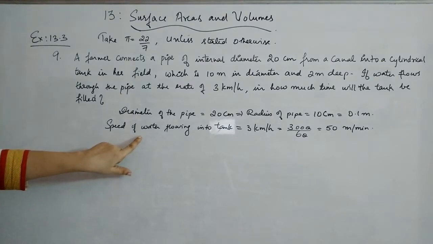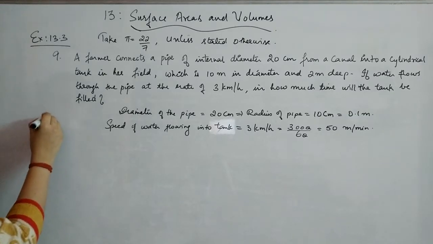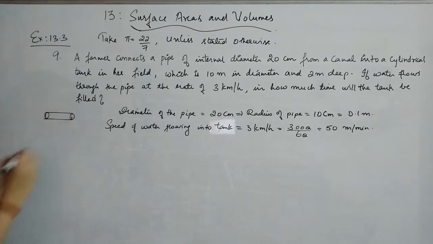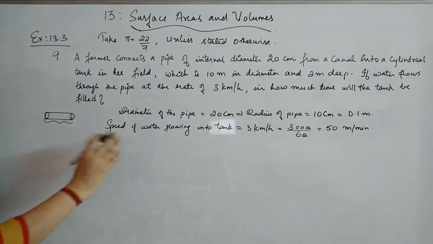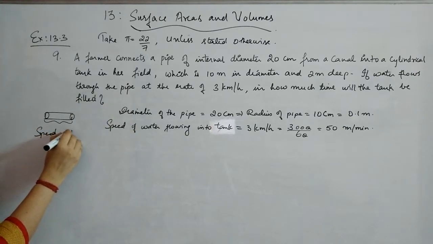That means, in terms of distance, it acts as the height of the pipe, like this. You already have the radius. This much height is the same as the distance, since speed is equal to distance by time.